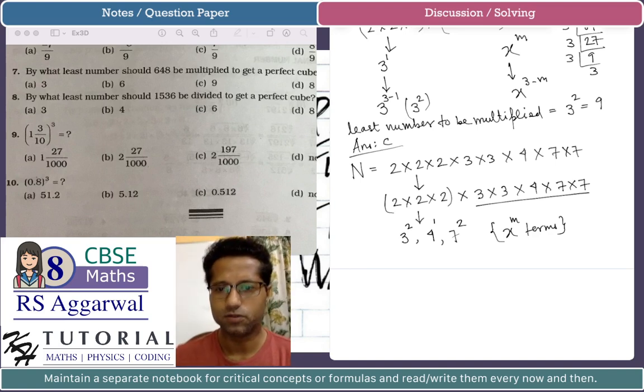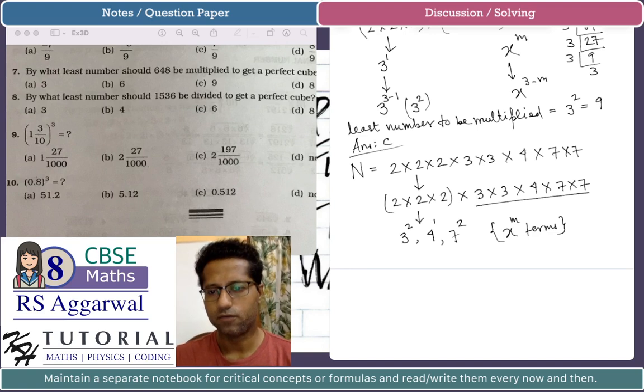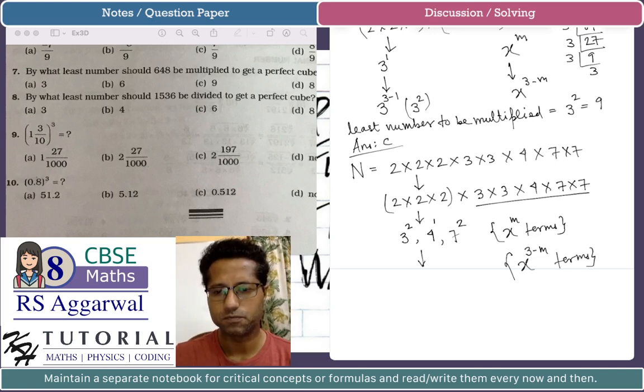So we have, for this example, 3 square, 4 to the power 1, and 7 square. Now from these x to the power m terms, we have to compute the corresponding x to the power 3 minus m terms, for all these three terms.